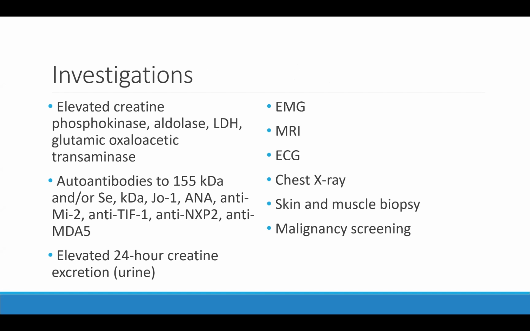Investigations. You have elevated creatine phosphokinase, aldolase, lactate dehydrogenase or LDH, and glutamic oxaloacetic transaminase. You also send for autoantibodies to 155 kilodalton, 140 kilodalton, Jo1, ANA, anti-Mi2 in classic dermatomyositis, anti-TIF1, which is related to cancer risk or juvenile disease, anti-NXP2 in severe muscle disease and calcinosis, as well as anti-MDA5, which has progressive interstitial lung disease or amyopathic dermatomyositis.